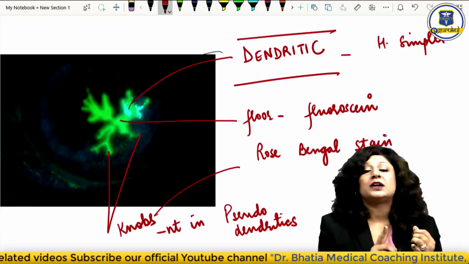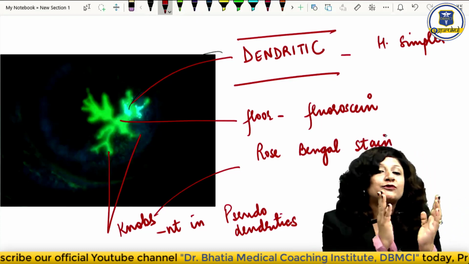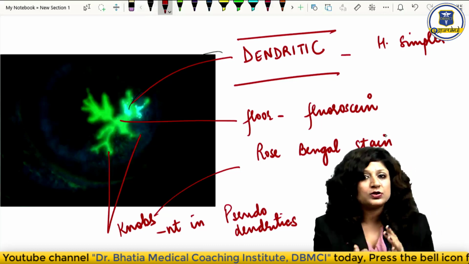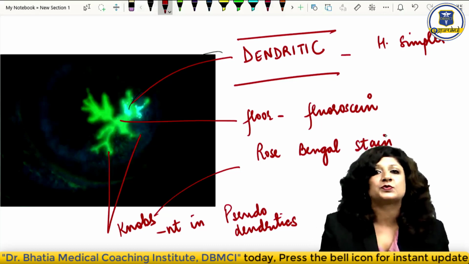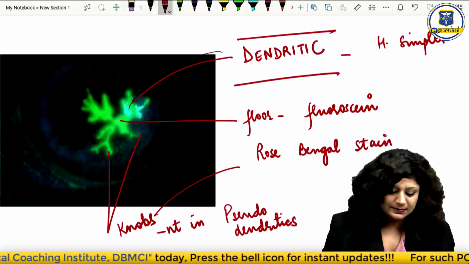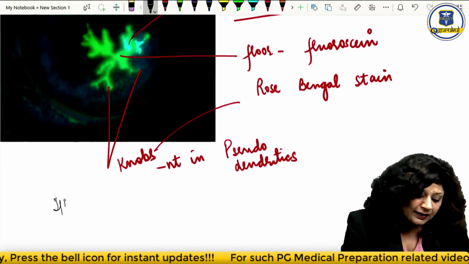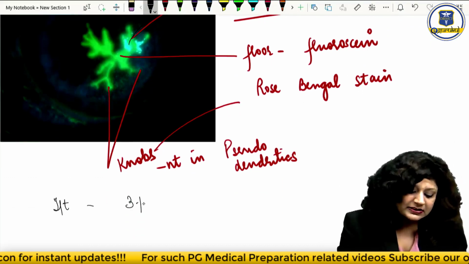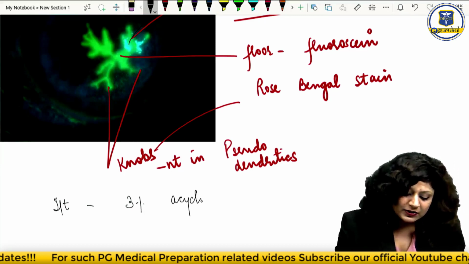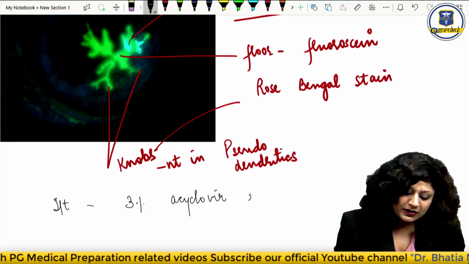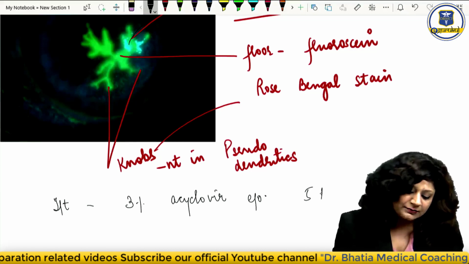So the two stains are important. What is the difference between a true dendritic and a pseudodendritic? The dendritic is very typical of herpes simplex. Another important thing is the treatment. You have to give here 3% acyclovir eye ointment 5 times a day.